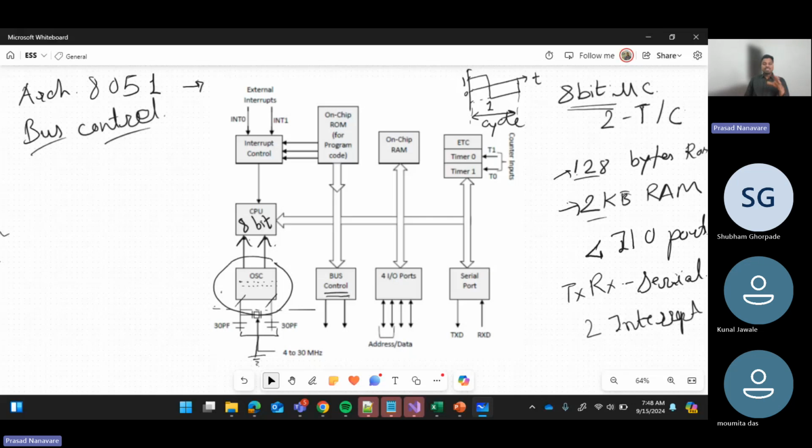What exactly is happening here and how exactly does it happen? It happens with the help of bus control. Do you see on-chip ROM for program code? What do I mean by this? Is this data memory or program memory? ROM is, can anyone tell? I had asked yesterday also.